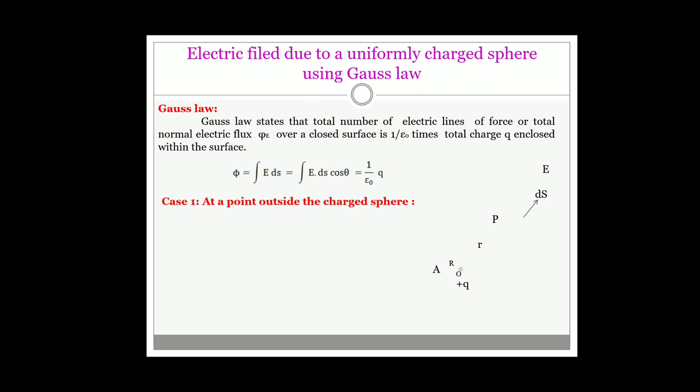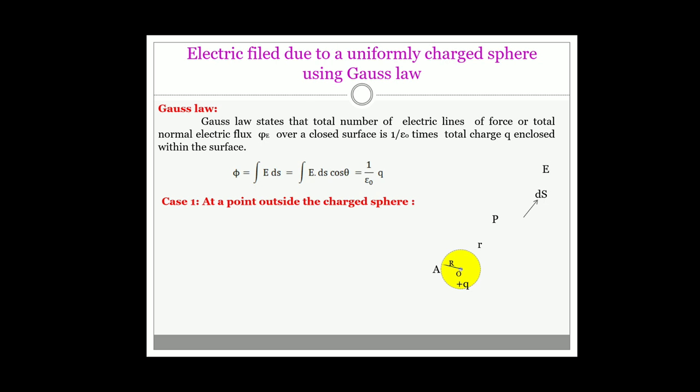In case 1, if a point is outside the charged sphere, for this purpose, we have to draw a charged sphere A having radius capital R, in which charge Q is distributed among the sphere and its center is taken as O. We know if we want to apply Gauss law, we want to draw a closed surface, that is also called Gaussian surface.